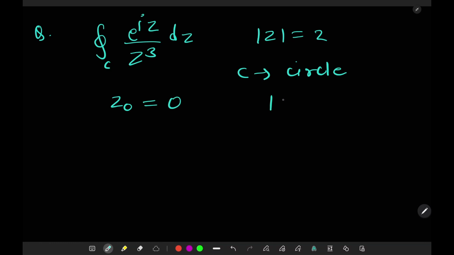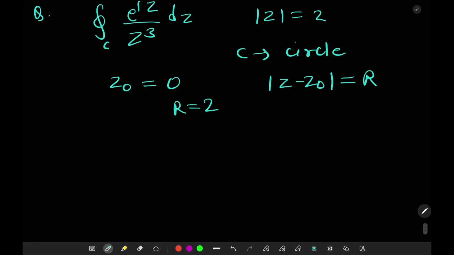In complex numbers, the circle equation is written as this. And here you can see the radius is equal to 2. So the center is at the origin 0 and the radius is 2, so the circle becomes this.